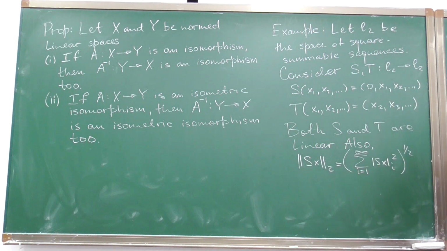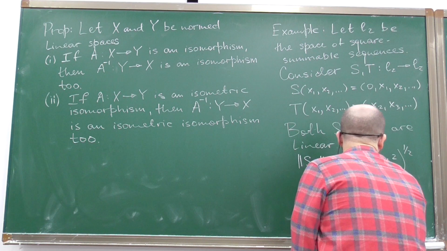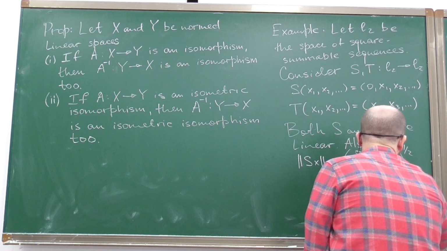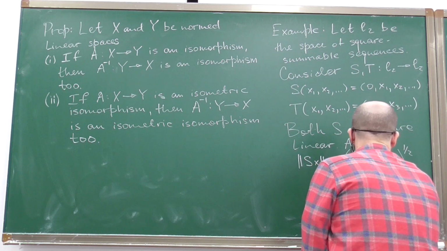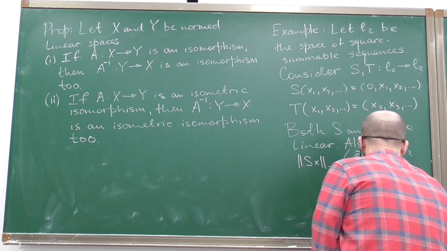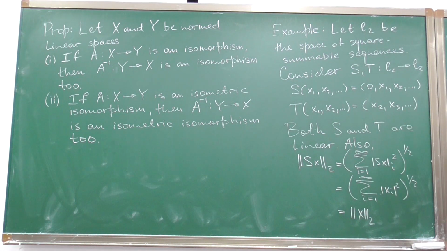So the first coordinate of Sx is 0, but all the rest of the coordinates are the coordinates of x, and it contains all of them. So what we have is nothing but the sum over all x's, the norm of x in L2.